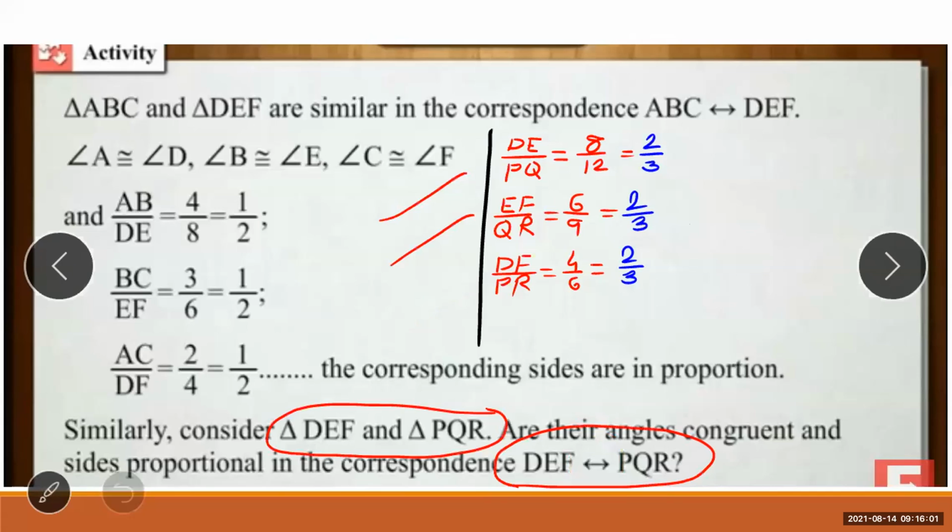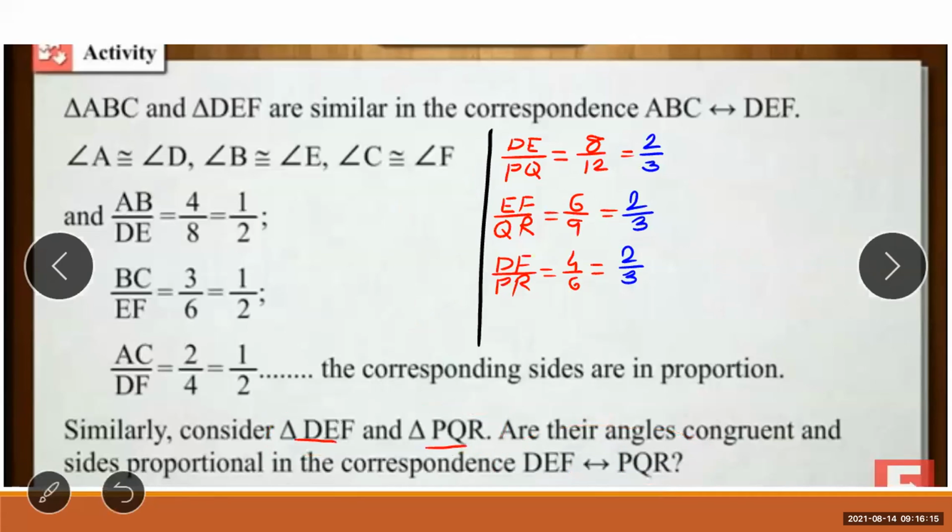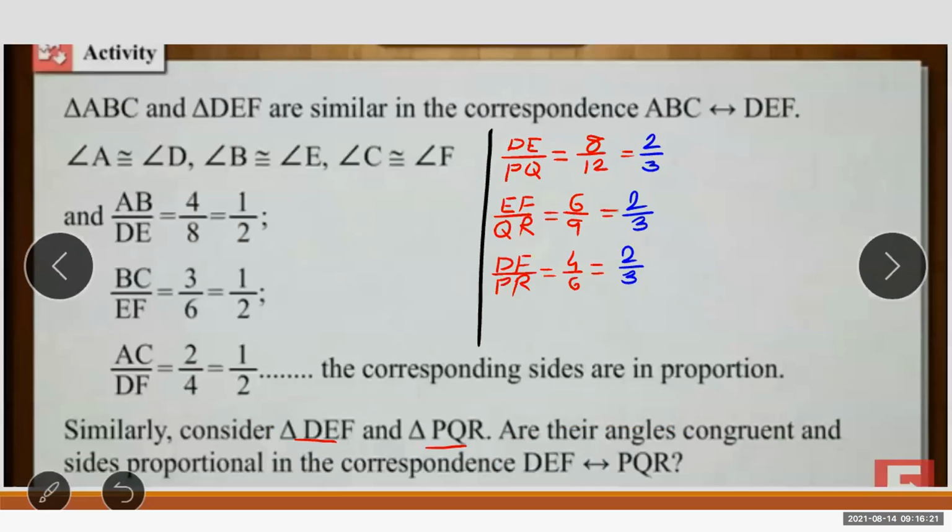What will be the ratio? DE, the segment formed by the first two vertices, divided by PQ. So DE by PQ. See the first ratio, DE by PQ.